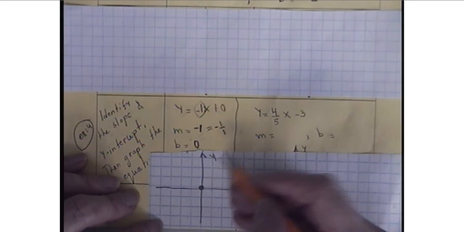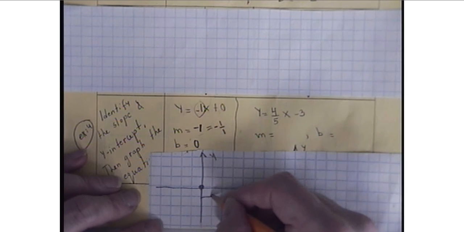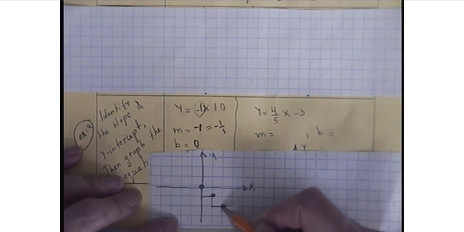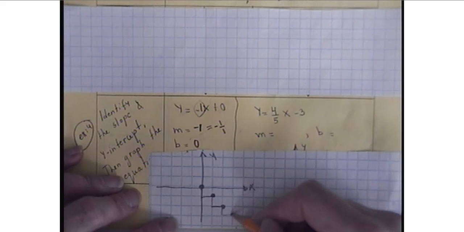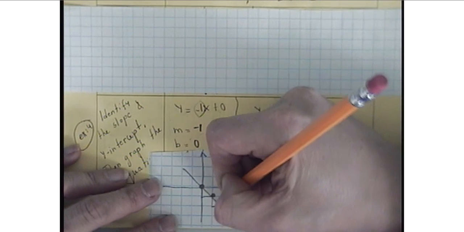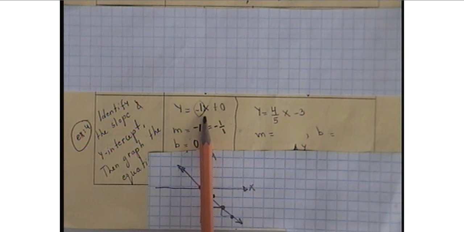Okay, so negative 1 over 1, we rise 1 and run 1 to get the second point, and we can keep going. Rise 1, run 1, and we get another point. And I can keep going as many points as I want to, and when we connect those points, we get our straight line with a negative slope. So the idea of this example was to show you what the slope and y-intercept will be, and then make a quick graph of this equation.